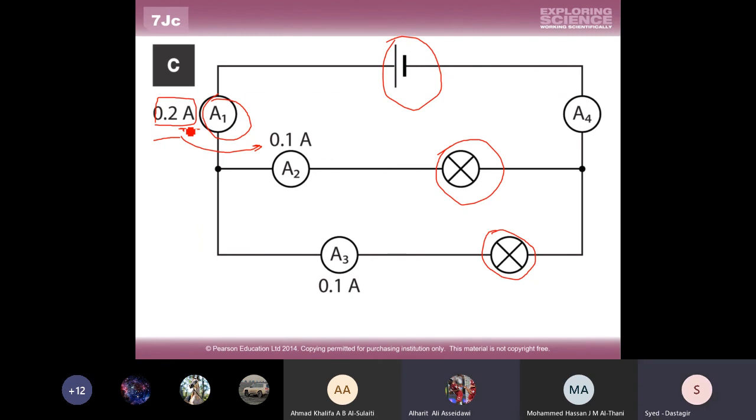No, mister, no. So what are they? What does 0.1 plus 0.1 equal?